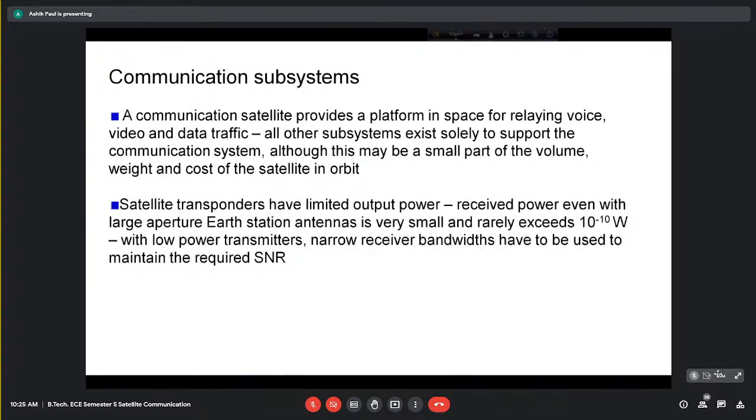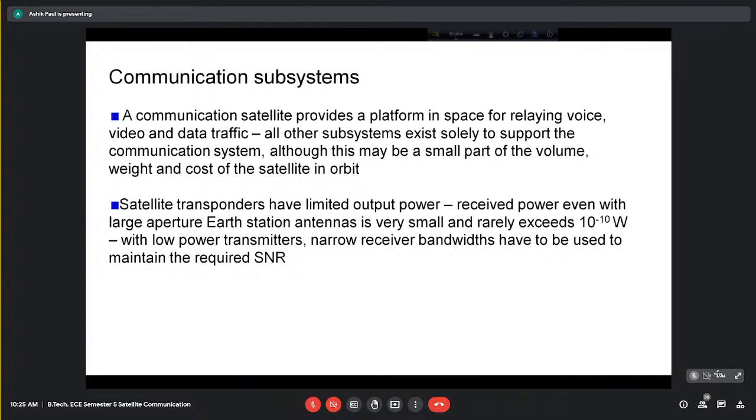The received power in a large aperture Earth station is typically of the order of 10 to the power minus 10 watt. From your knowledge of electronics, you know that no electronic device or circuitry will function at that level of power. It is almost like noise, and you have to dig out the signal from that large ambient level of noise.